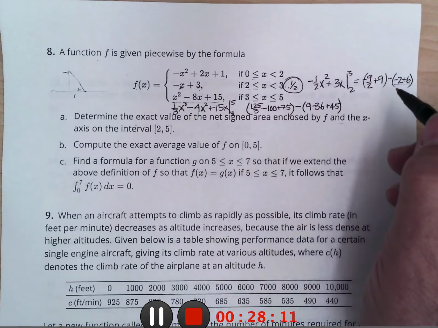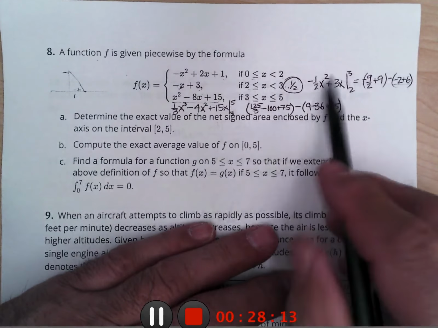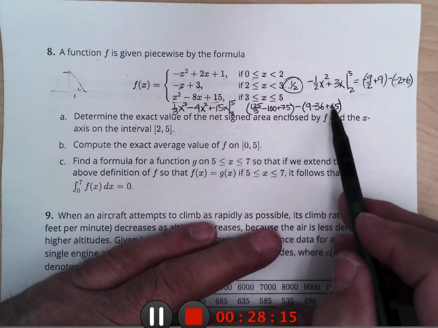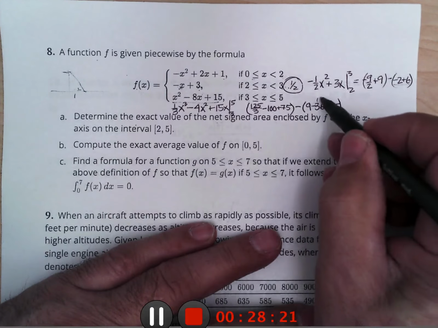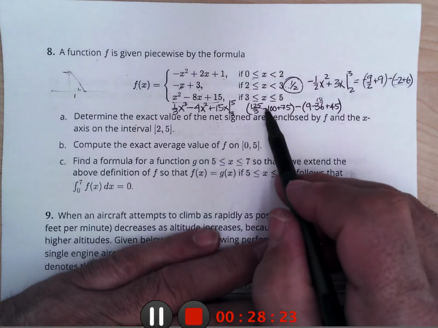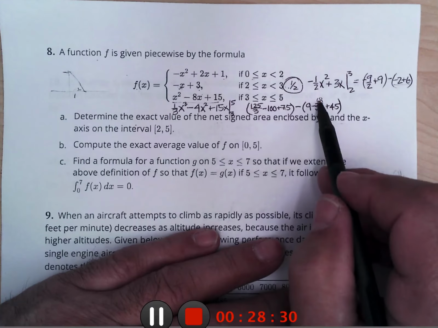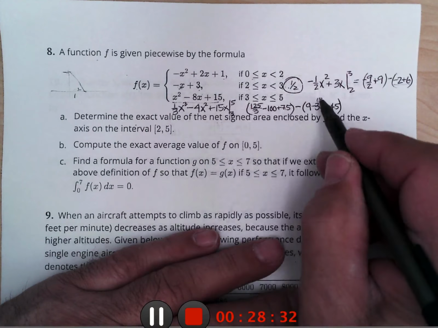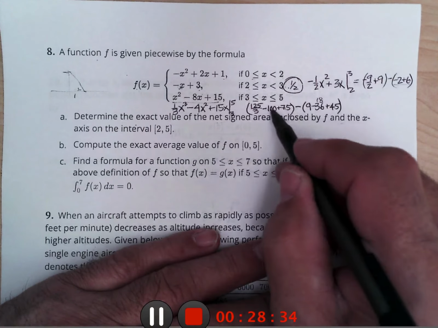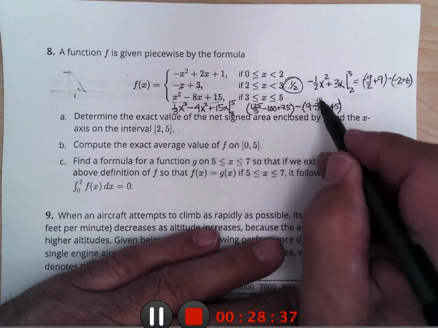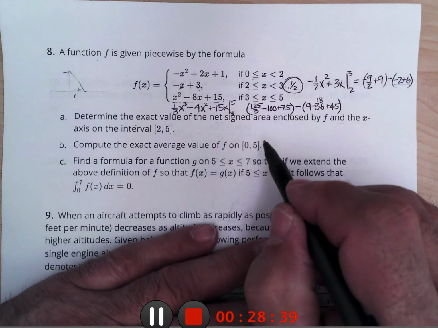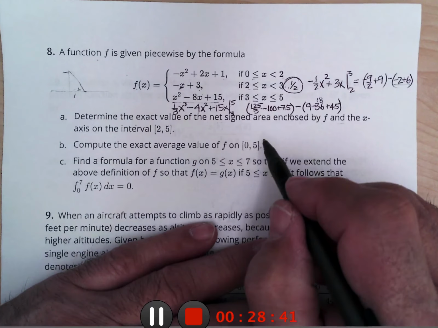So minus 36 plus 45 is 9, and 9 is 18. And this is minus 100 plus 75 is minus 25, plus 18, and that's minus 43.